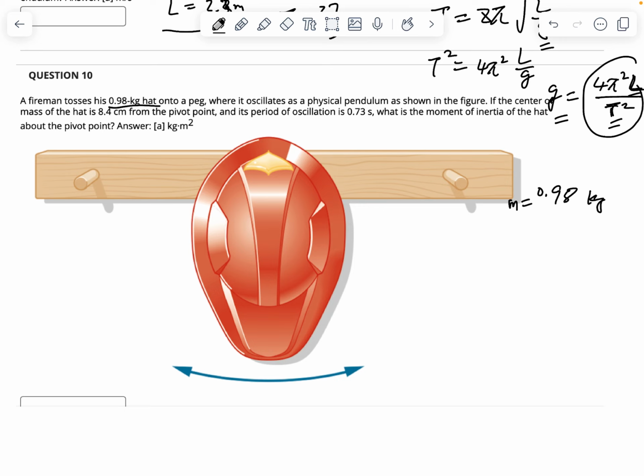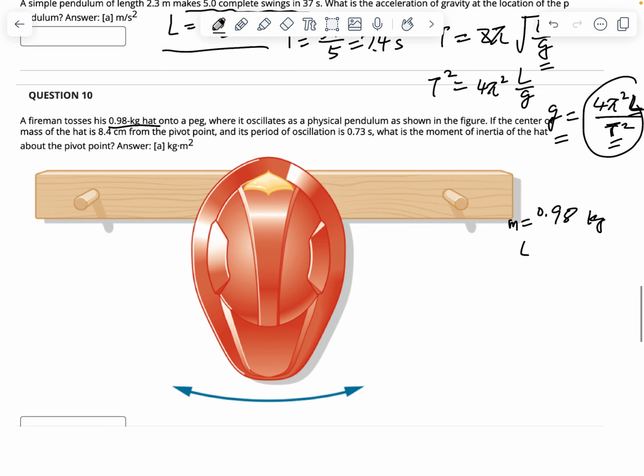If the center of mass of the hat is 8.4 centimeter, so in this case L equals 0.084 meter from the pivot point, and its period of oscillation is T equals 0.73 seconds, what is the moment of inertia of the hat about the pivot point?